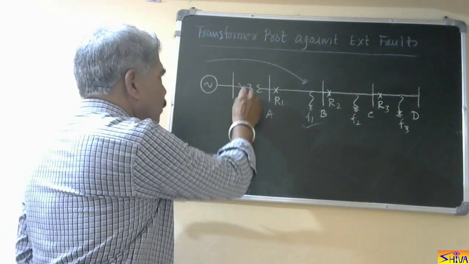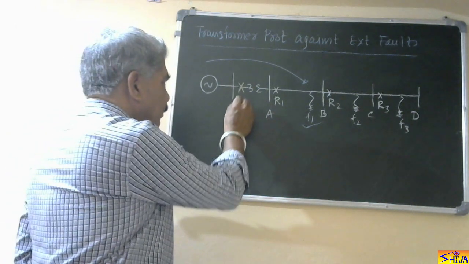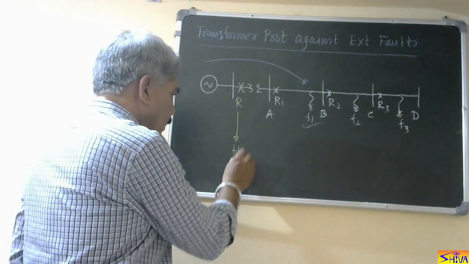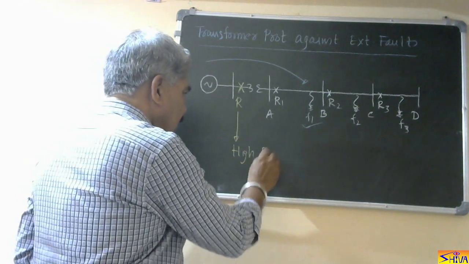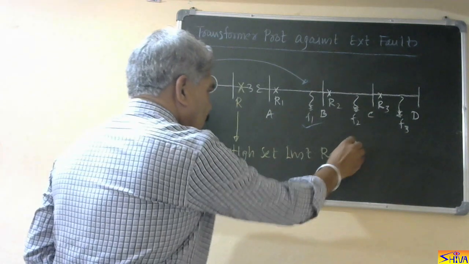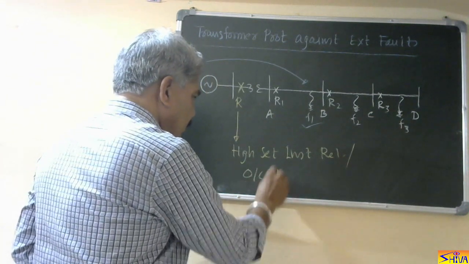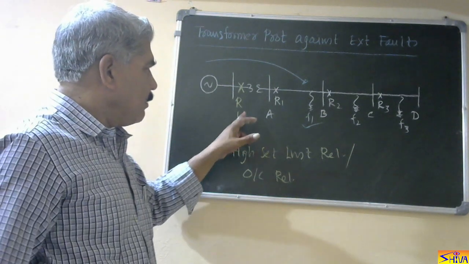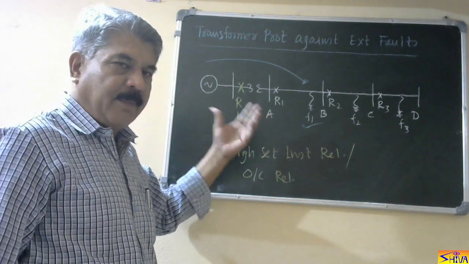So here we have to install a relay, and this relay is a high set instantaneous relay, or it can be an overcurrent relay. High set means its pickup will be high. Why will the pickup be high?